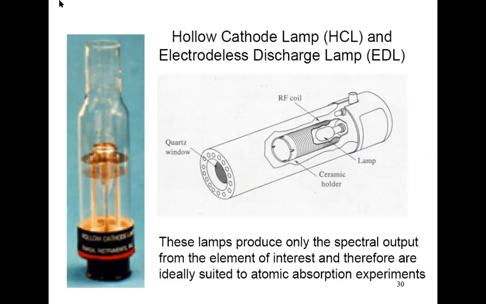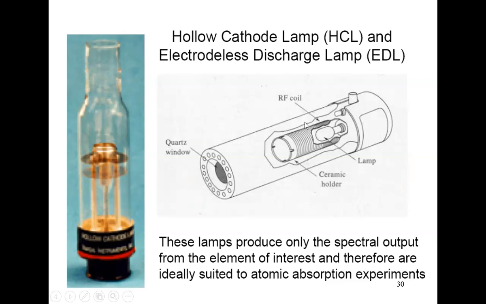The difference, you notice here, there's a quartz window. There is an RF coil. What is RF? Radio frequency. And that's a radio frequency there. So it's going to generate the frequency there.